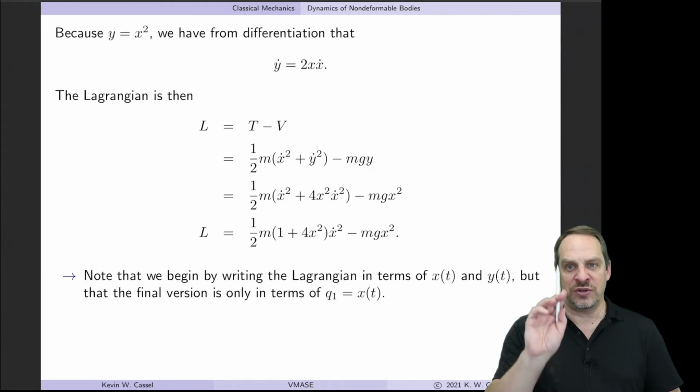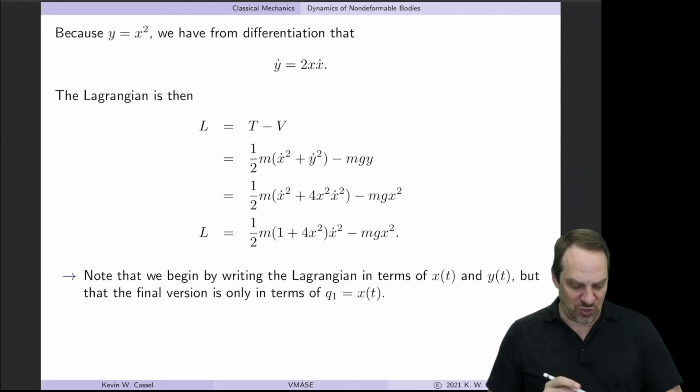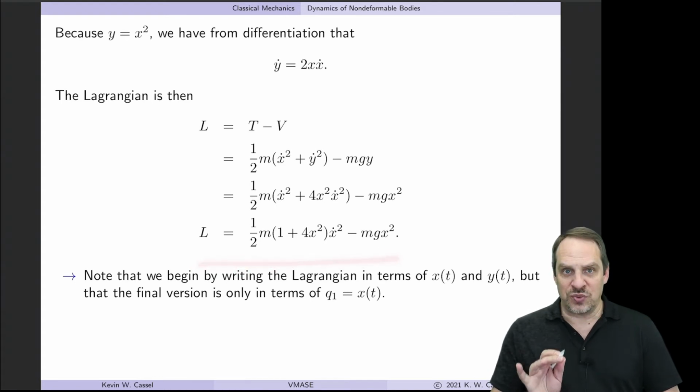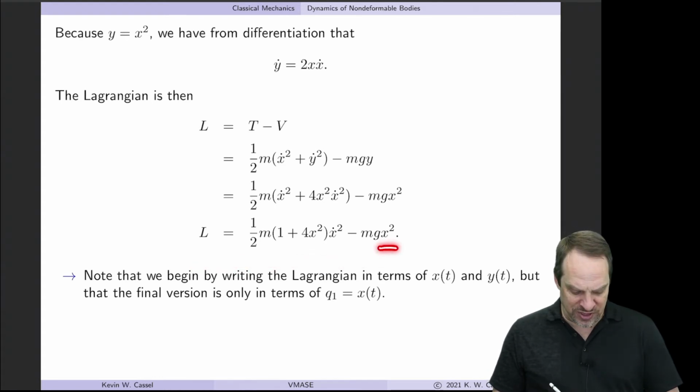Always remember, as long as y is up, then V is plus mgy. So here's our y dot, so we can substitute in the 2x x dot for the y dot and square it, and that's here. Factor out an x dot squared to simplify the Lagrangian a bit, and you have this expression here. Now you'll notice we only have one dependent variable, x, no y.